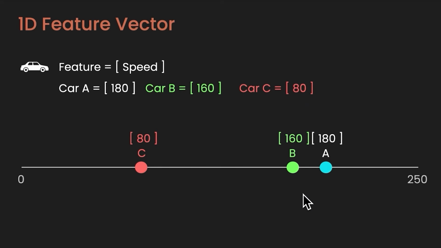Now here is the important thing to notice: cars with similar speed will be closer together, whereas a car with a different speed will be further apart. This is a very simple example where we consider just one feature, which can be represented using a one-dimensional feature vector.